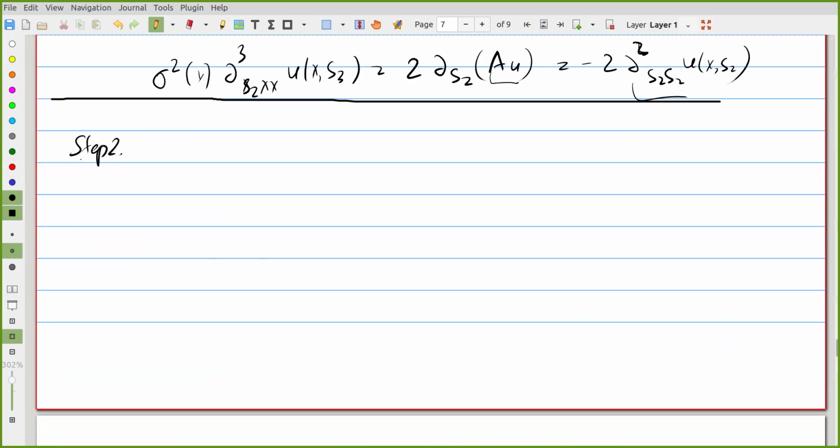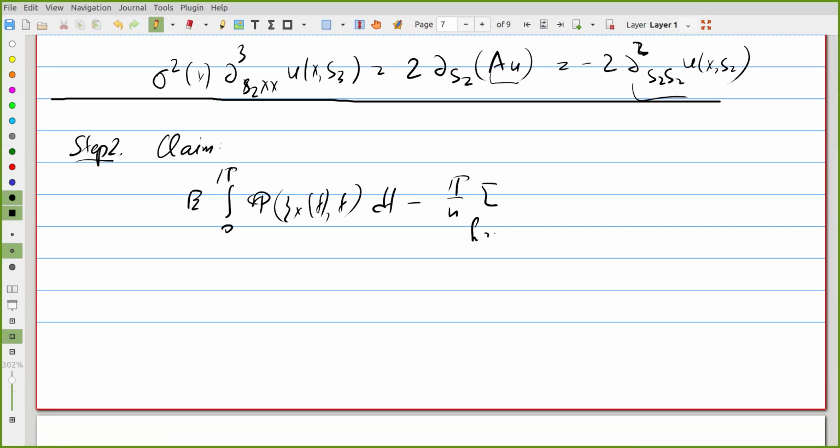Now step 2 would be as follows. We need to work in such a way that the result contains this integral. And obviously it can be obtained by doing such things that this is quite small.